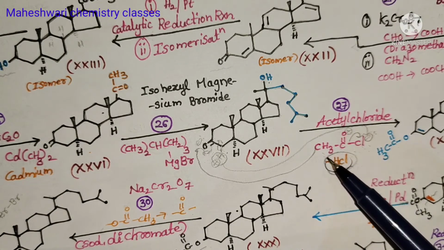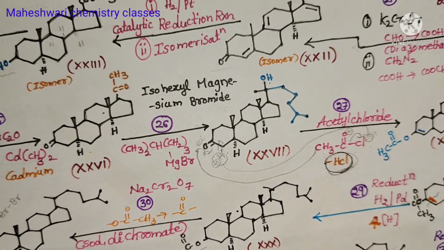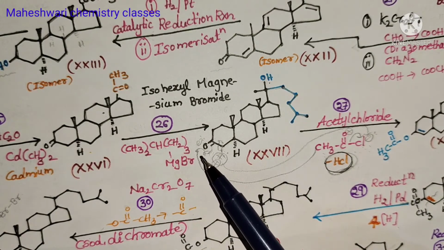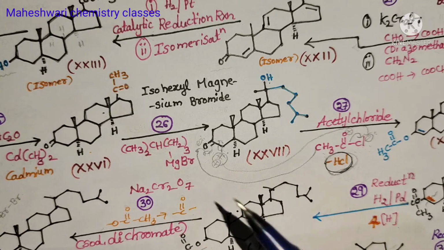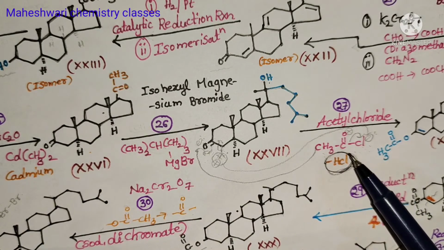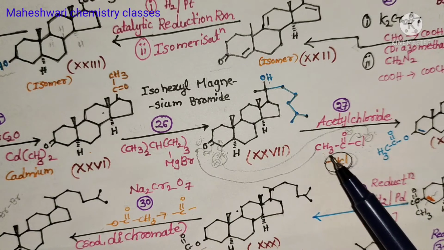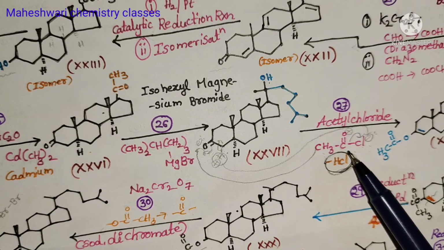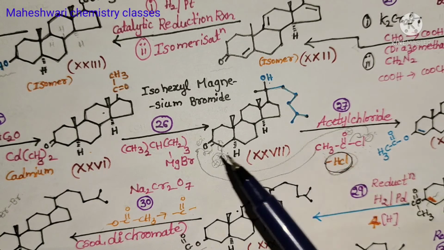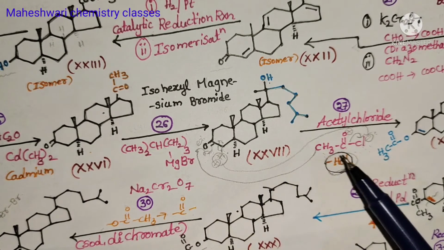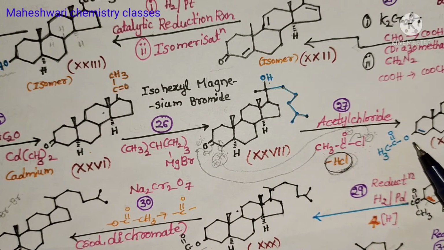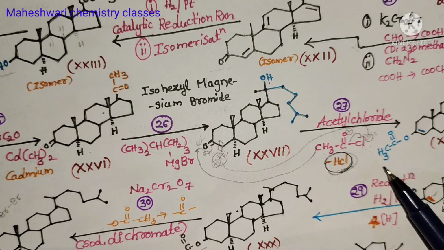This HCl is eliminated, right? At that time this minus charge containing O, plus charge containing C double bond O CH3. At this carbon plus charge is there; the C plus and the O minus both are bonded and form O C double bond O CH3.